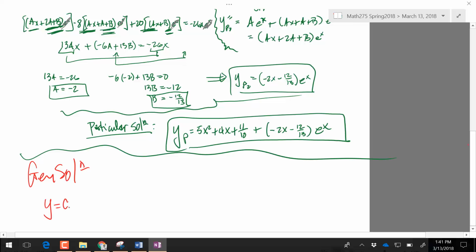So y is equal to C1 e to the 4x cosine 2x, plus C2 e to the 4x sine 2x, plus all this big mess that we just found: 5x squared plus 4x plus 11 tenths plus negative 2x minus 12 over 13 times e to the x.